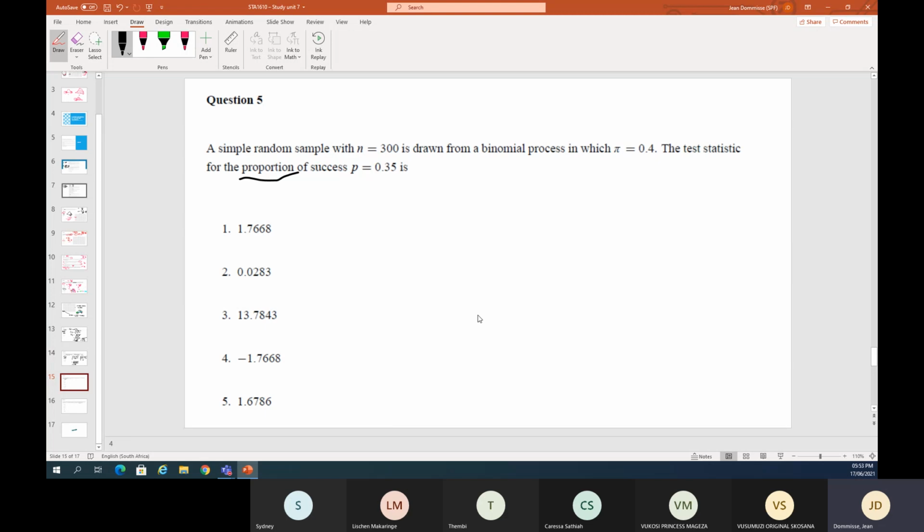Okay, so let's see what other question I have in here. A simple random sample, n is 300, is drawn from a binomial process. We know what the proportion is. The test statistic for the proportion of success, P is equal to 0.35, is... Okay, so how do we calculate this?